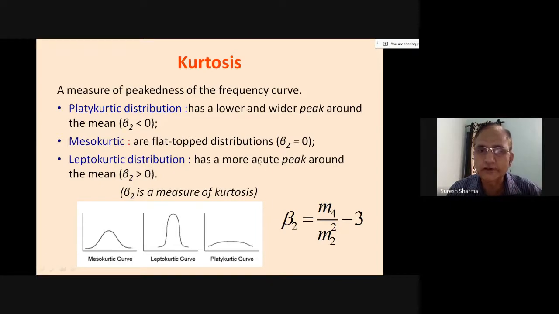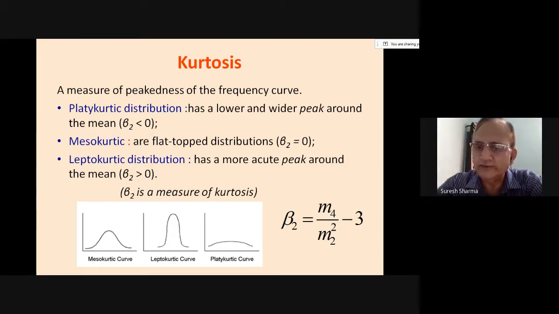But if the value of beta 2 is greater than 0, it means it has a high peak, and this type is called a leptokurtic distribution. Lepto means high. If the value of beta 2 is negative, then it is called platykurtic, flatter than the normal. So for kurtosis, we compute beta 2.